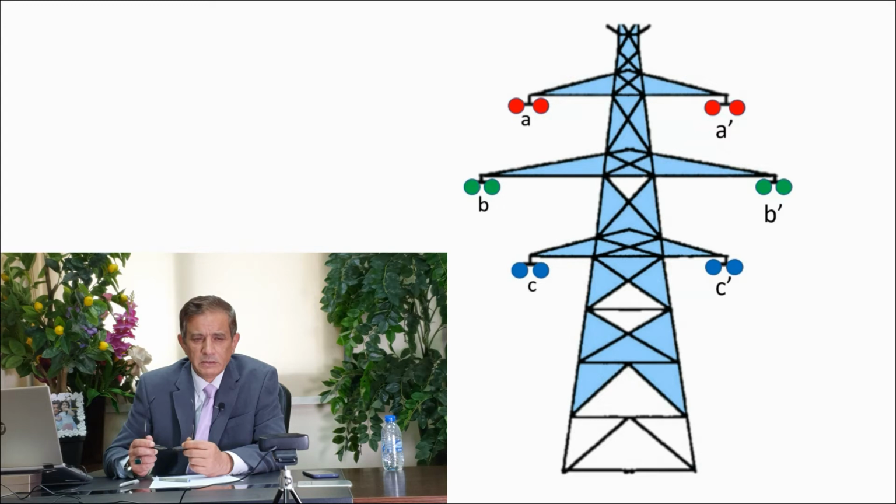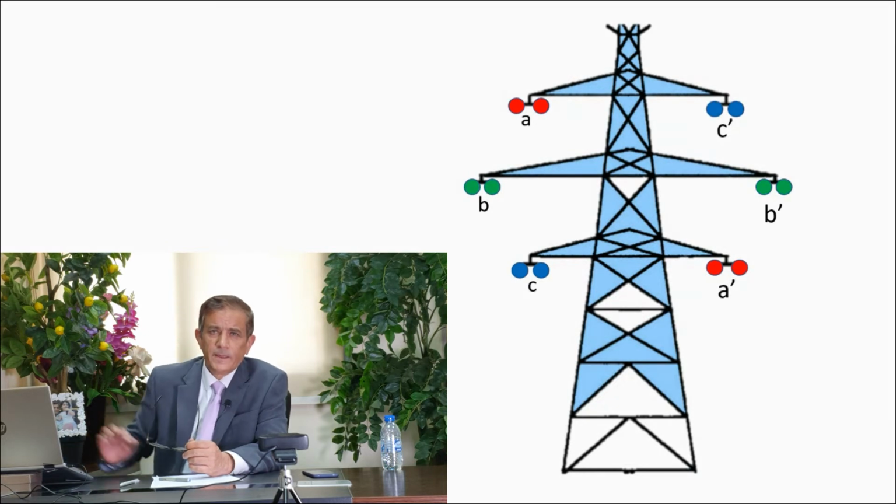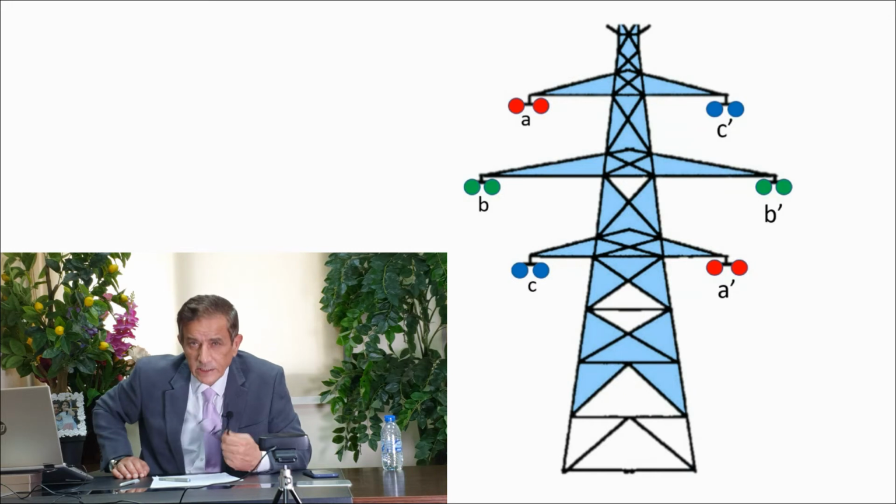This can be like this, or the one we have, like this one. And instead of this one, we are having this one now. This is the normal one, each phase side by side. This is the one we have in the question. A dash now down on the other side, and C dash is up.